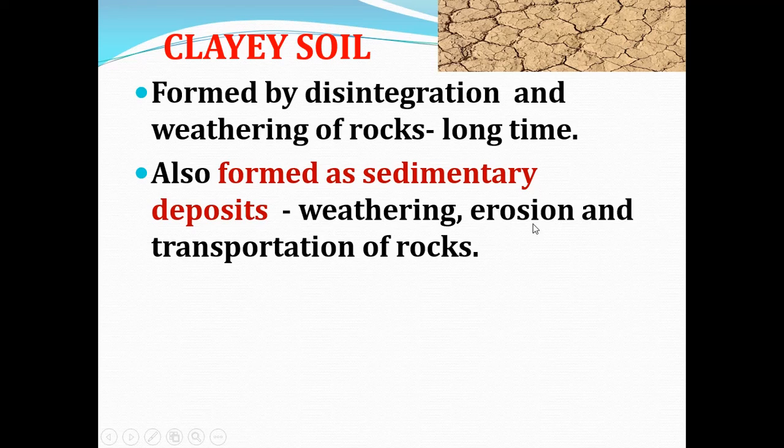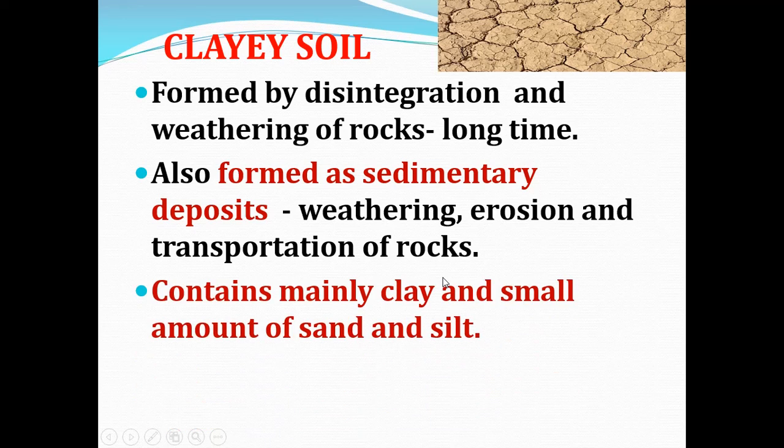Yes, so in a particular place, if there is removal of the top layer of soil, that is called erosion. And when there is transportation of rocks, sedimentary deposits will also occur. Okay, so clay soil is also formed as a sedimentary deposit due to weathering, erosion and transportation of rocks.